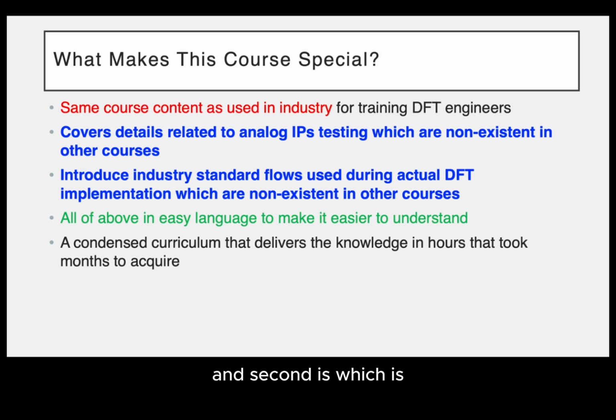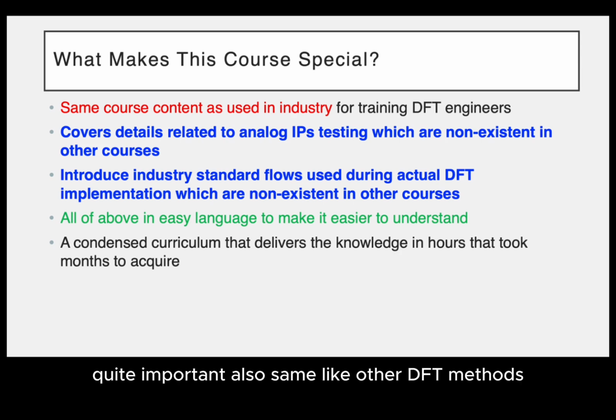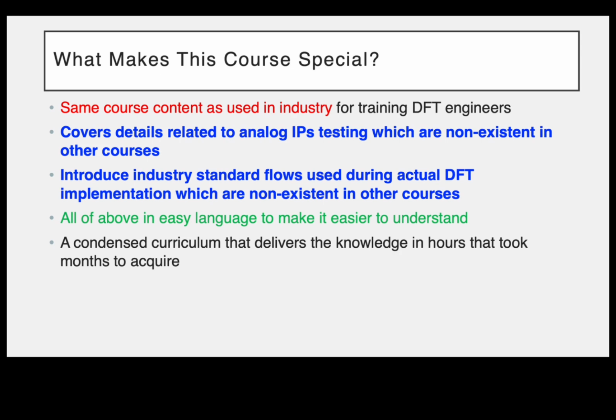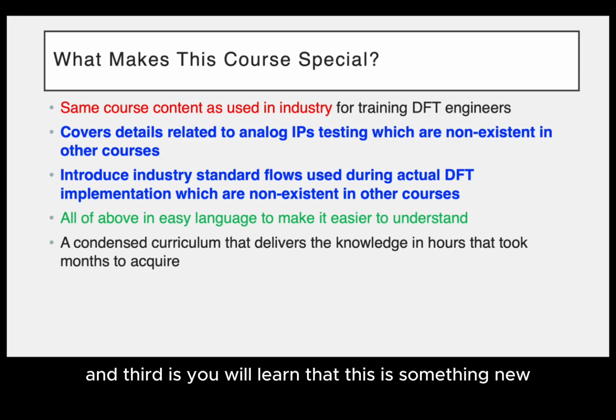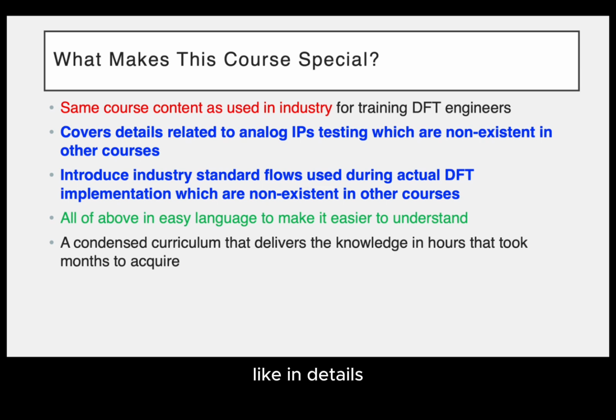And second, which is really important compared to other courses, I have included details about analog IP testing, because this testing is totally missing from other courses and is quite important, same as other DFT methods. And third, you will learn something new, which I did not find in any other courses. Some give a super basic introduction, but I have included more details in this course.